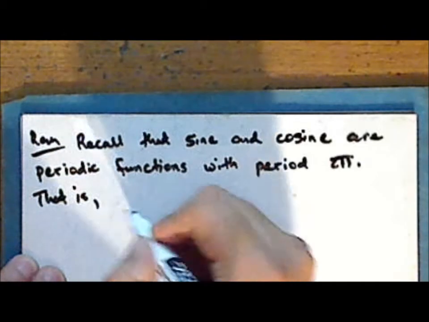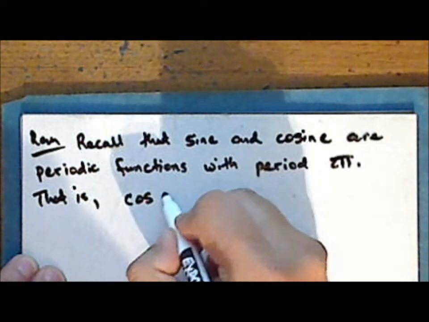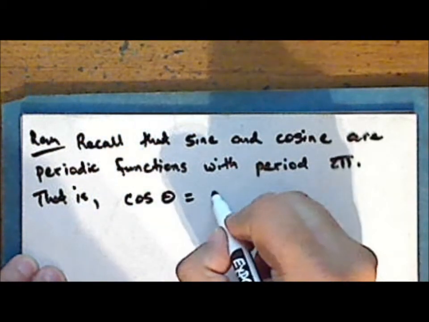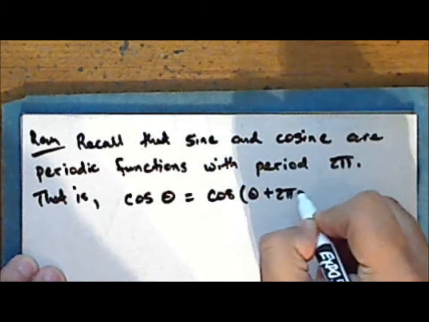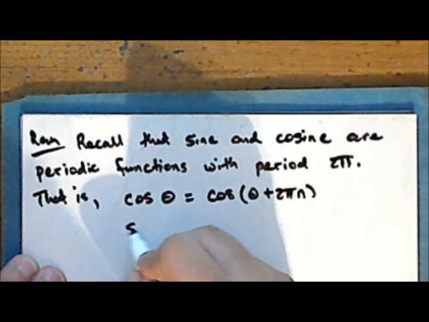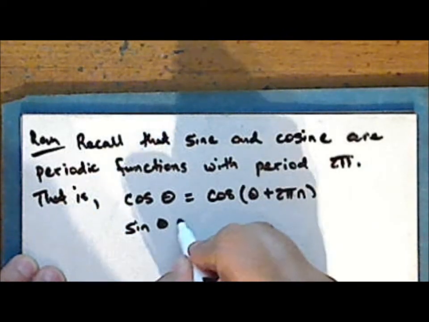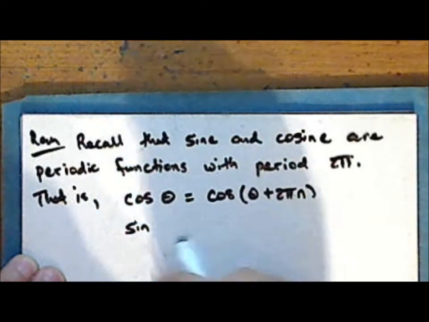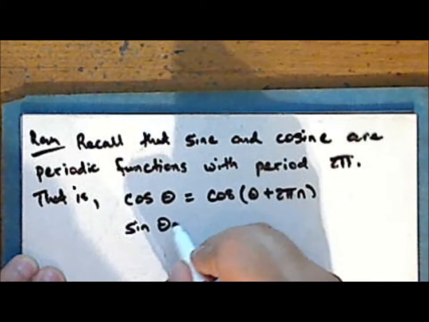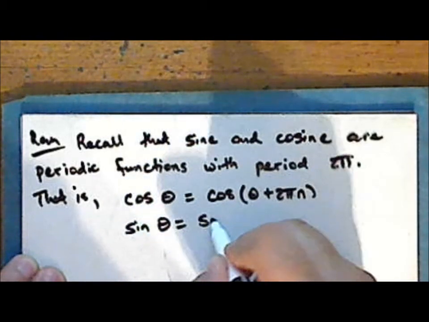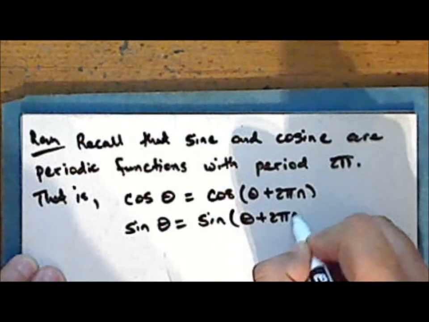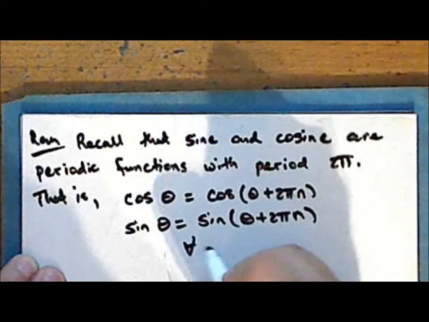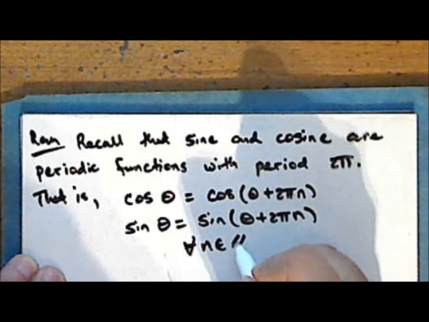That is, cosine of theta is the same as cosine of theta plus 2 times pi times n, and sine of theta is the same as sine of theta plus 2 times pi times n, and this is true for any choice of integer n.